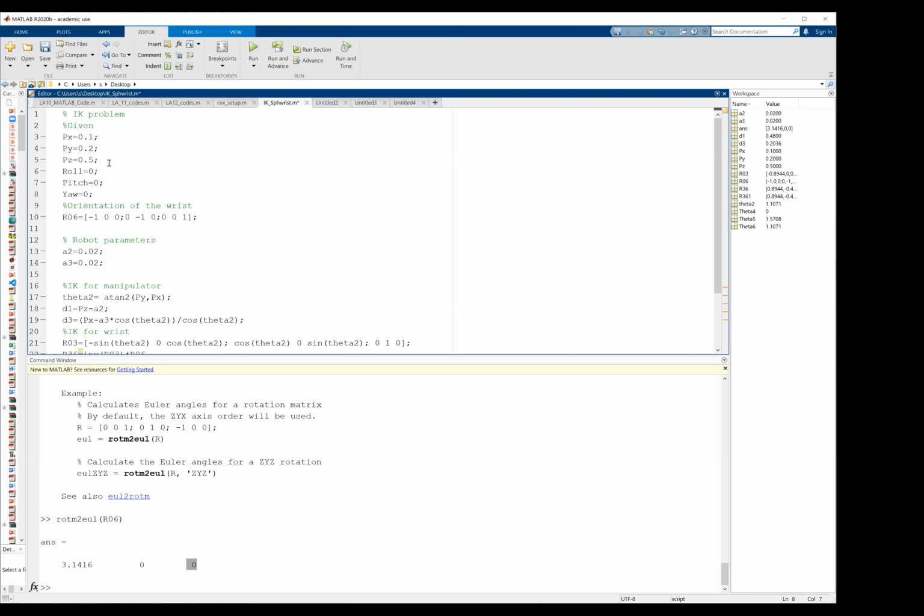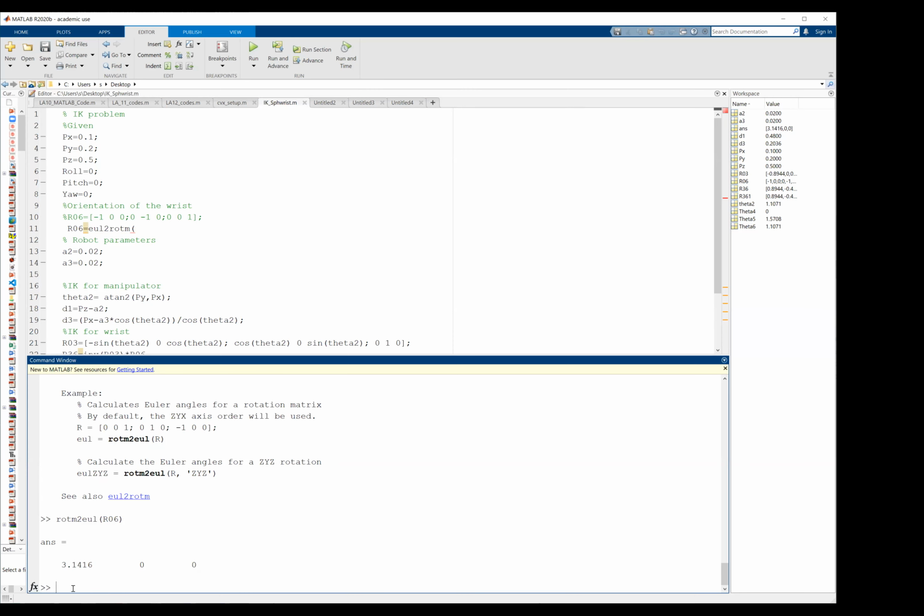At this point, there is an additional step: you say R06 is equal to eul2rotm. Let me check help for eul2rotm.